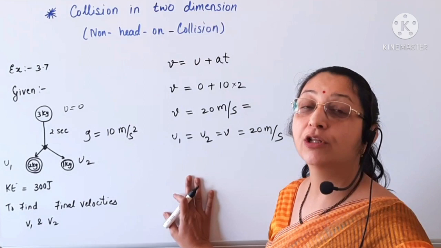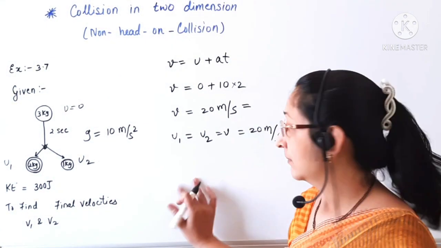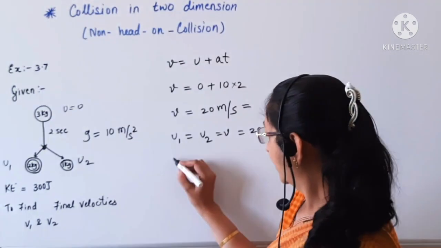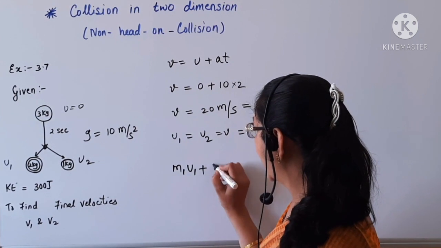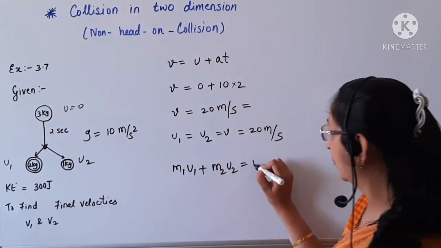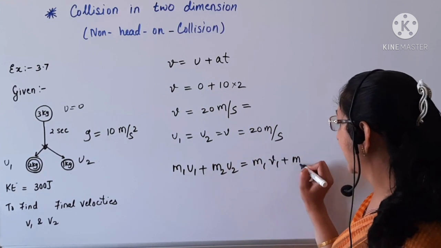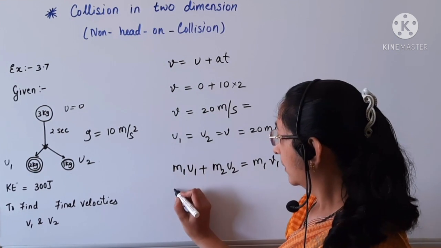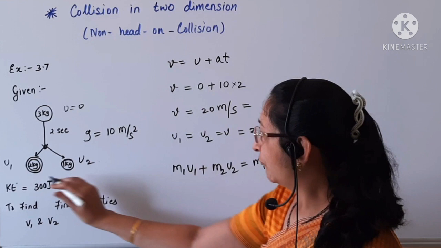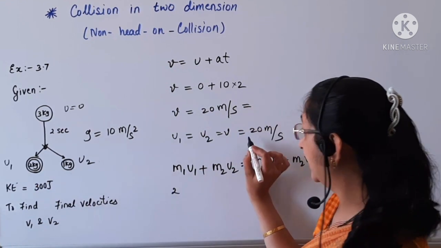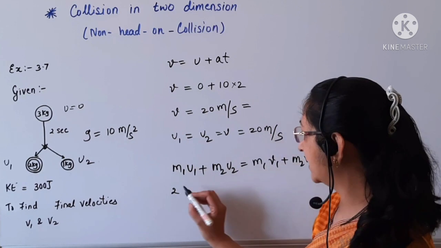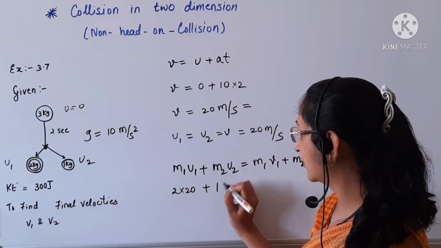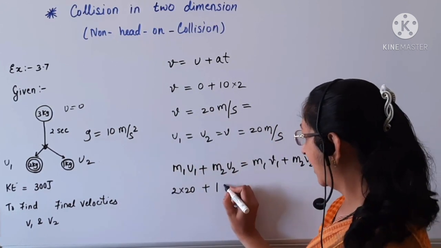Now, according to the conservation of linear momentum, because linear momentum is always conserved, m1 u1 plus m2 u2 is equal to m1 v1 plus m2 v2. m1 is of mass 2 kg, and u1, the initial velocity, is 20 meters per second, so this is 2 into 20, plus m2, the mass of 1 kg, into u2, which is again 20.